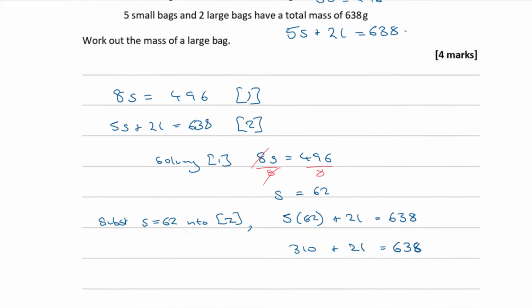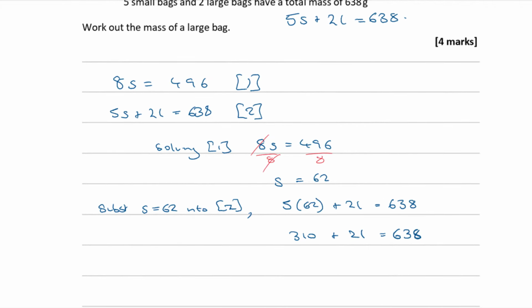Let's just roll it up slightly. And so taking 310 away from both sides, that's going to leave me with 2l is equal to 638 minus 310, that's 328, isn't it?